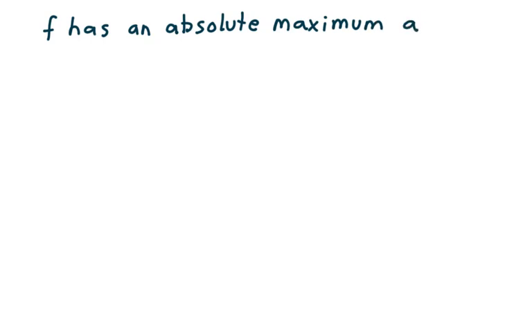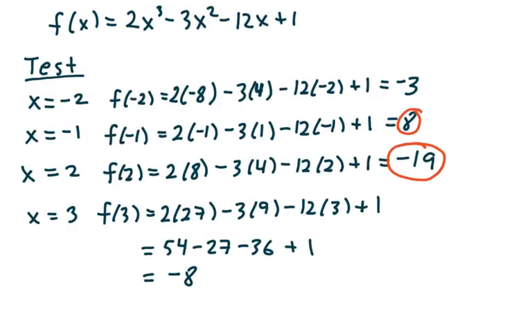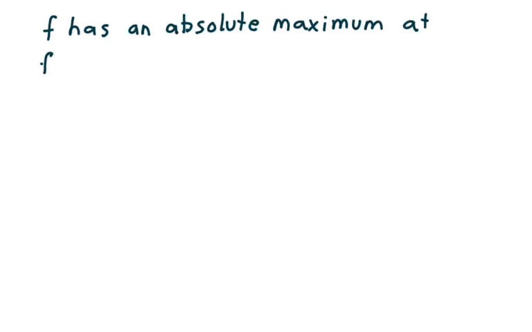Now, f has an absolute maximum at, now remember, look for the highest y value. The highest y value is 8. So I'm going to say f of negative 1, which is equal to 8.